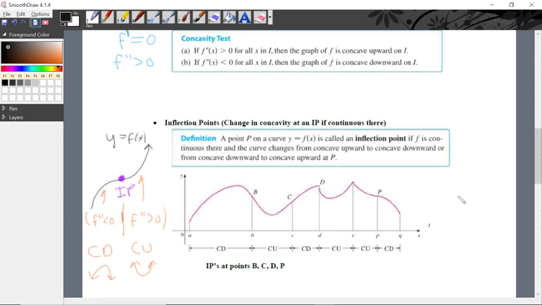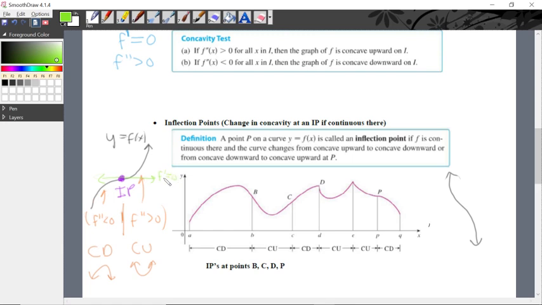Now it's possible to have the concavity change in another direction. Furthermore, I want to emphasize that at this inflection point it may look like we have a horizontal tangent there, and maybe I should consider that a possibility. It could be that f prime is equal to 0 right there.